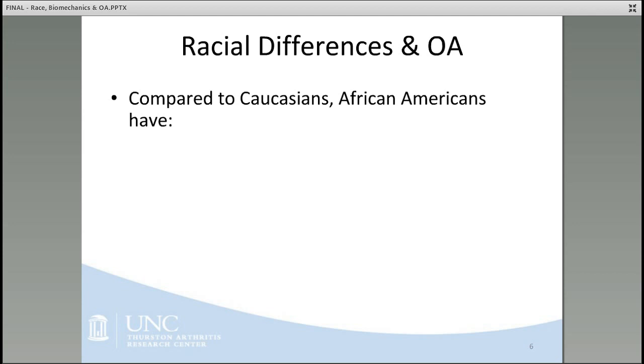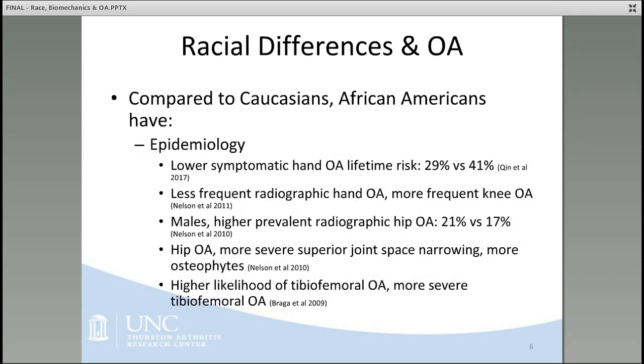So similarly, racial differences exist within OA as well. So if we look at it from an epidemiological perspective, we know that African Americans have a lower lifetime risk of symptomatic hand OA compared to Caucasians. African Americans also have less frequent radiographic hand OA, but more frequent knee OA compared to Caucasians.